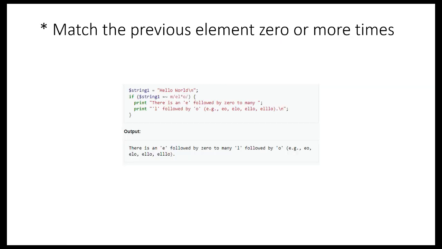You've seen the star. So the star applies to the previous element, and it matches it 0 or more times. So in this case, hello, and we're matching EL star O. So we match E, and then the star says match the L 0 or more times.